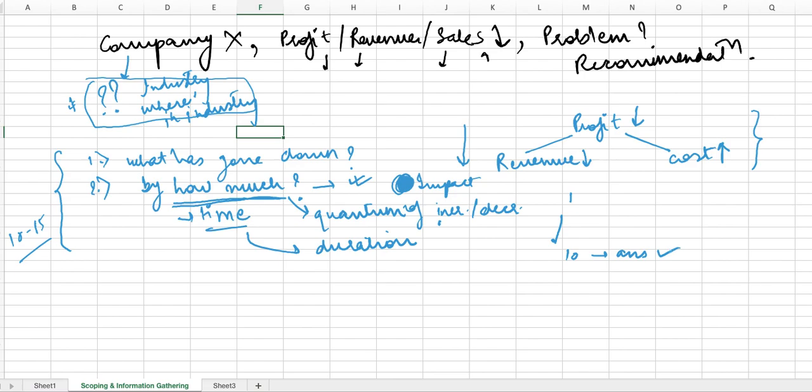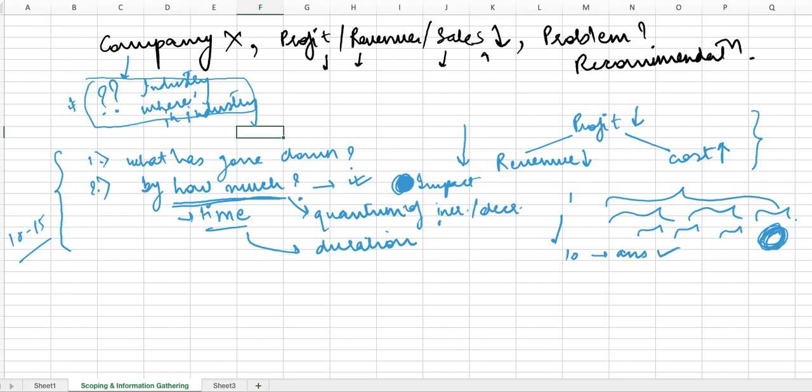Rather, he wants to see how you broke this level 1 problem structurally into multiple layers, and how you were able to identify what the real problem was, the root cause.